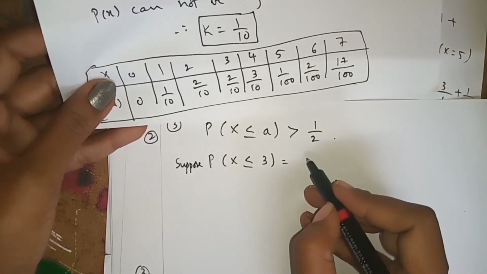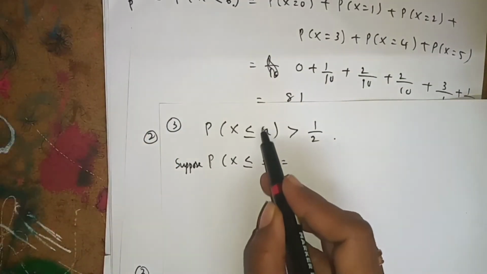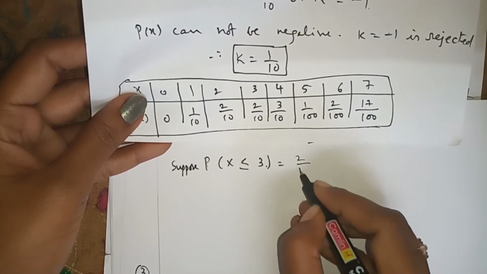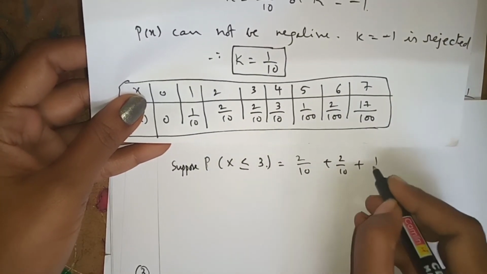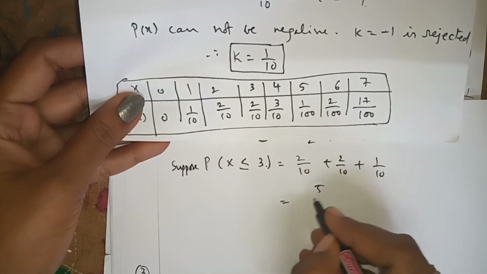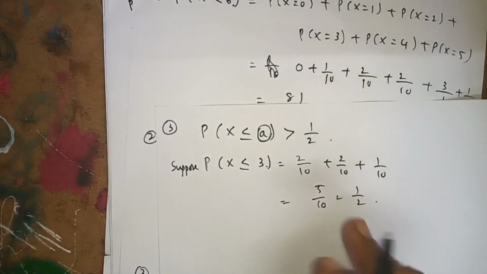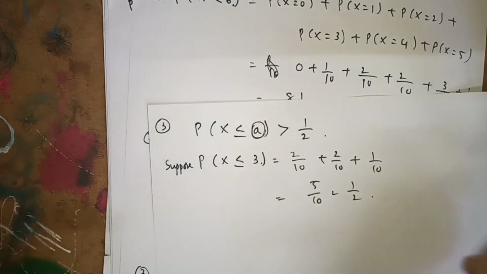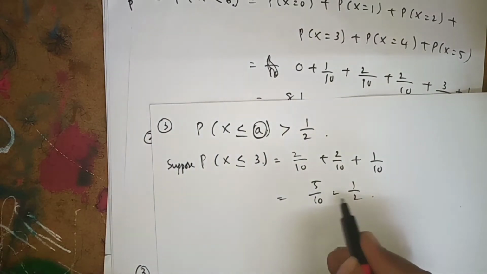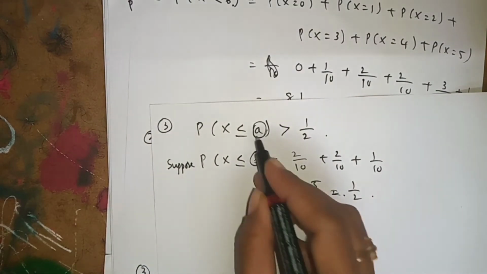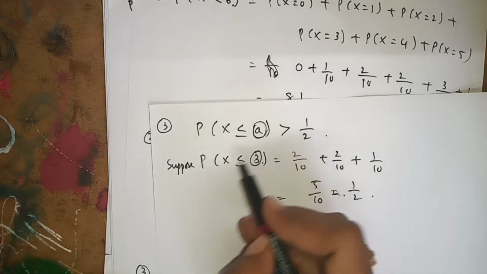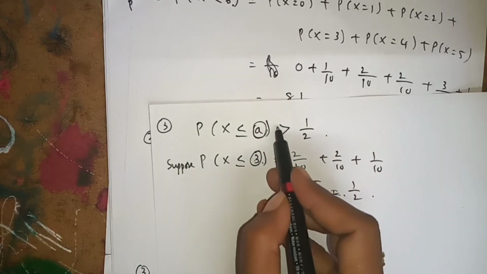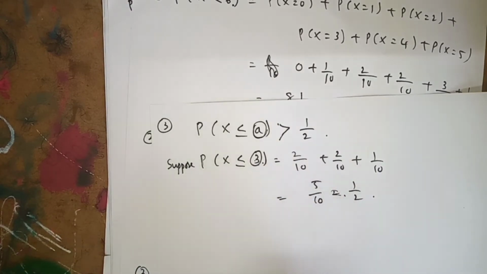If I take a as 3, how much will you get? 2 by 10 plus 2 by 10 plus 1 by 10, that is 5 by 10, which is nothing but 1 by 2. But what condition should it satisfy? Greater than 1 by 2, but here it is equal to. That means we cannot take a equal to 3. If we take a equal to 3, we get exactly 1 by 2, but it must satisfy the condition greater than 1 by 2.